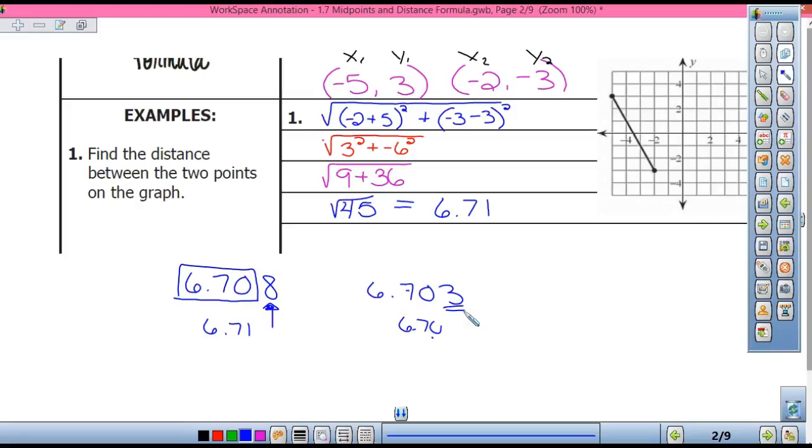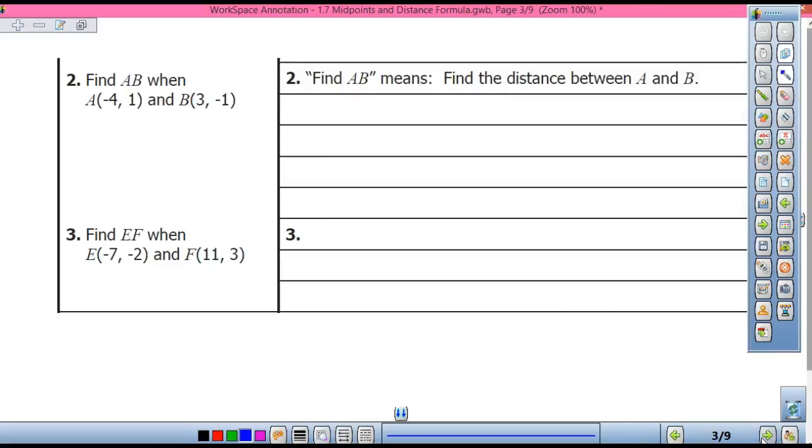All right, so now if we've got these 2 points, this is the distance formula. Alright, so we've got x1, y1, x2, y2. Square root of.